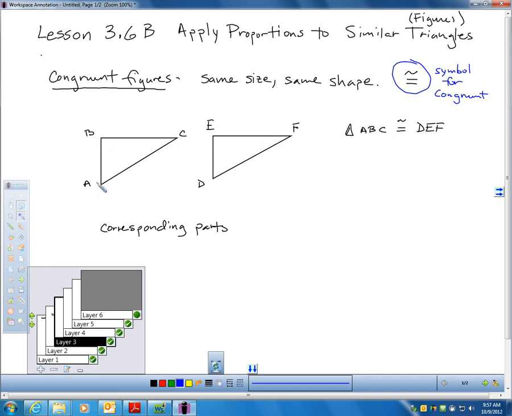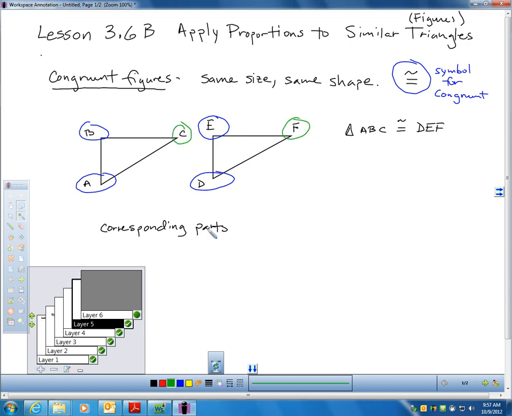Like if you look at my picture, can you see that in my picture, angle A kind of is matched up with D. These are the same angle on each triangle. And angle B and angle E are the same part on each triangle. That's what the word corresponding refers to. Okay, they're in the same position, same relative part on each triangle in this case. C and F are corresponding.